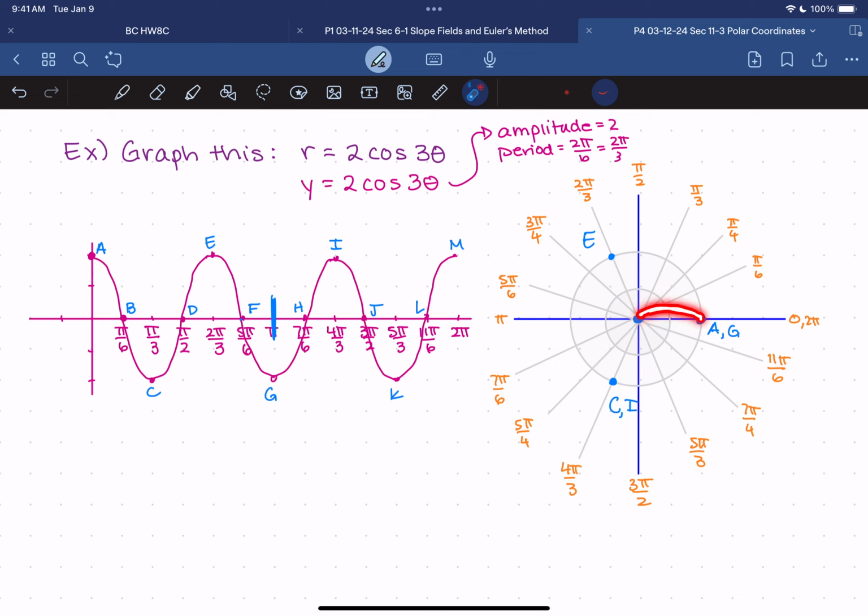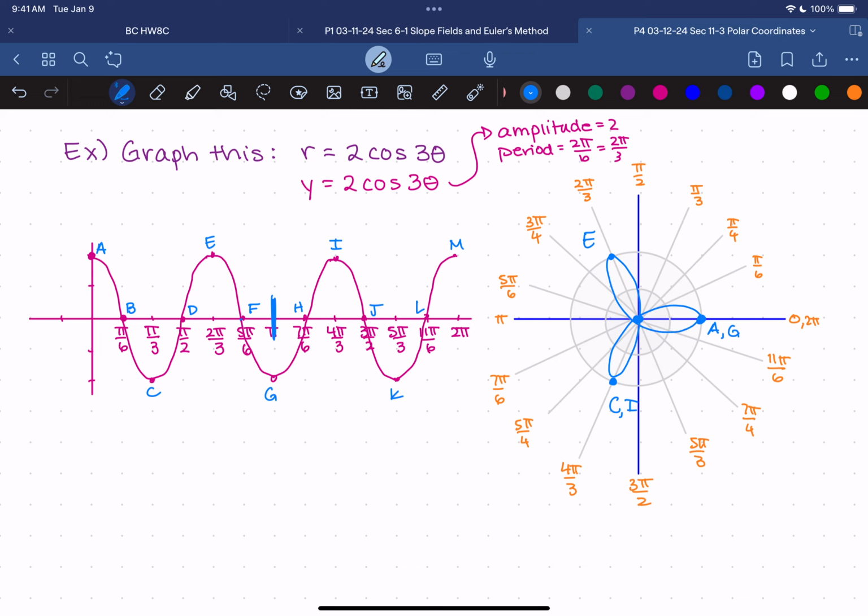So I'm doing something like this, and then I go to point C, and I'll turn around, and I'll go to point E, and I'll turn around, and I'll go back to point A, and I'm just going to trace it. And I end up making this thing over and over and over again. And so here's the graph.